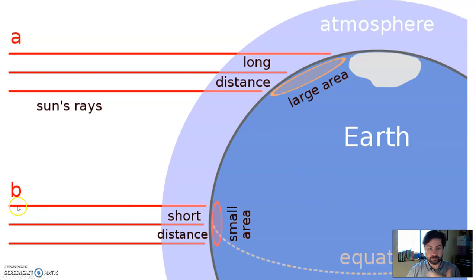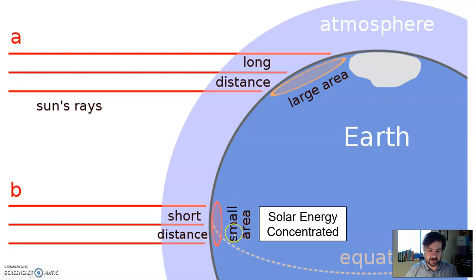When we have the sun's rays, that solar energy hitting the Earth, that's what's giving us that warmth. So let's just pretend the sun's giving us 3 rays here and 3 rays here. The same three rays of the sun's energy. When they hit the equator, you can see that they all hit in this small area.